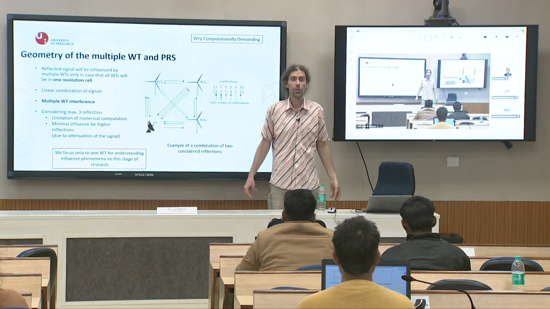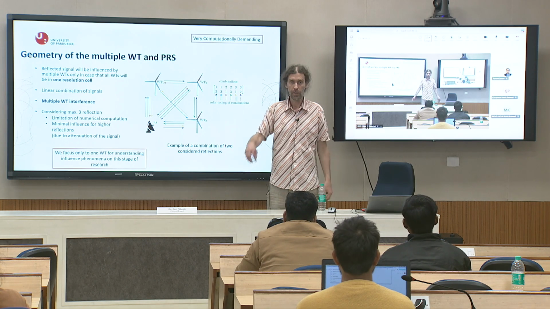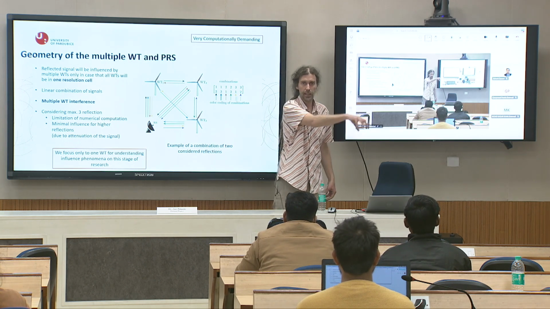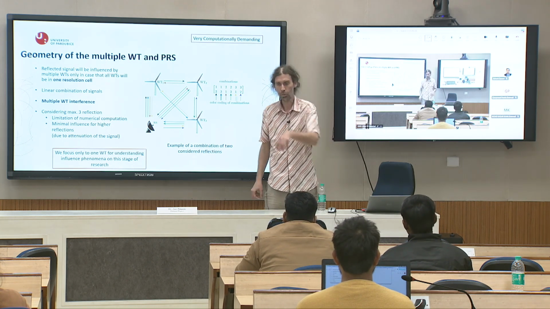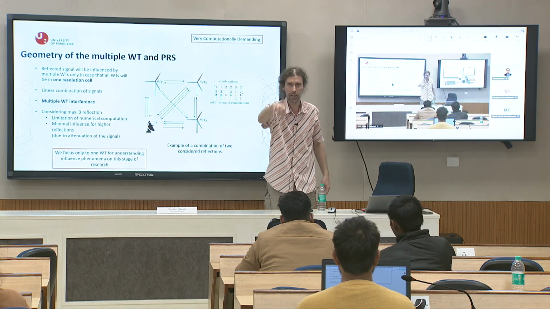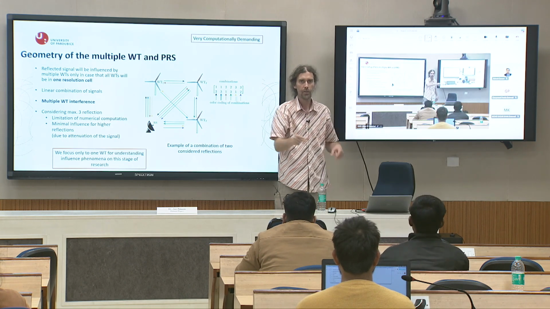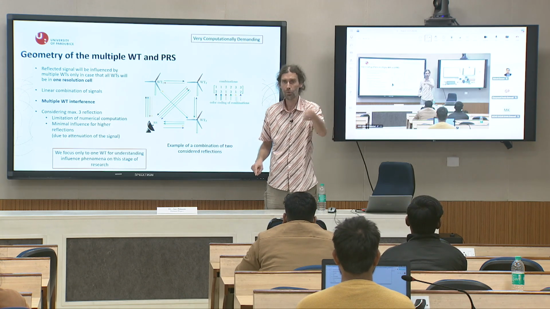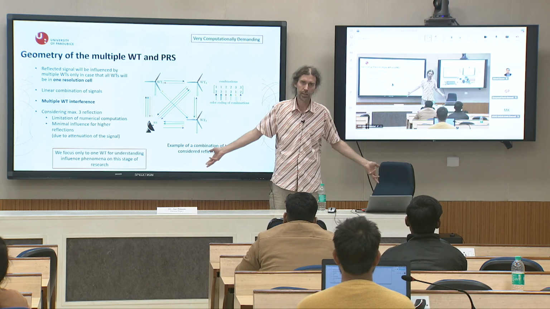Why? Because each resolution cell is independent. So I will compute responses of the signal in this cell, this cell, this cell. But I don't need to consider multipath because each cell is independent.